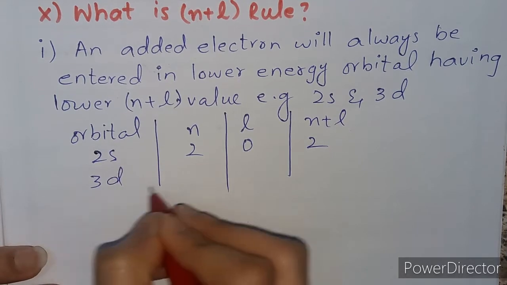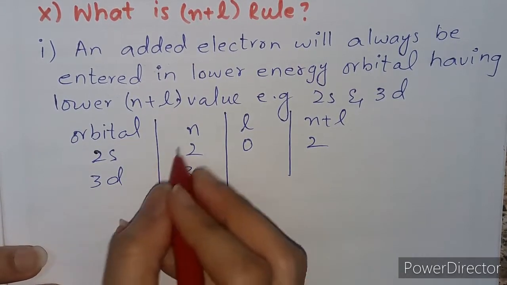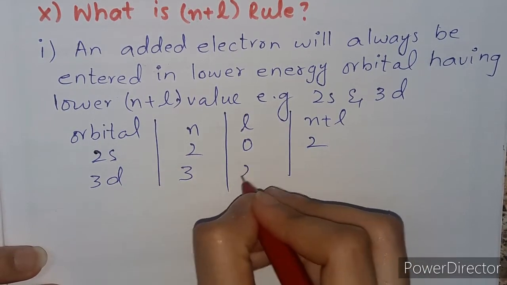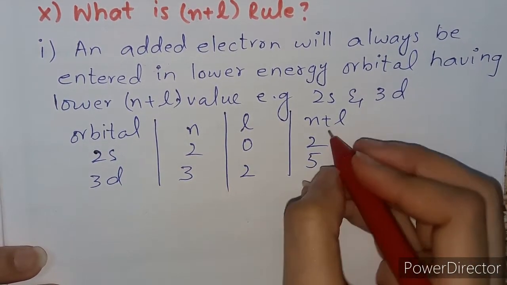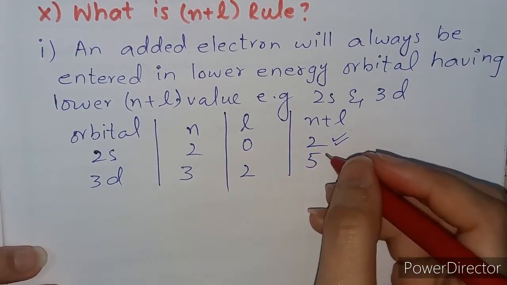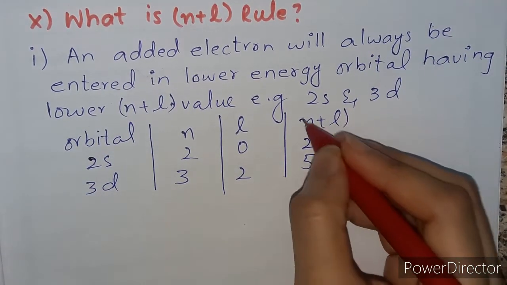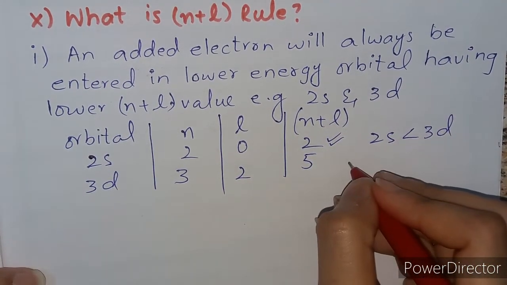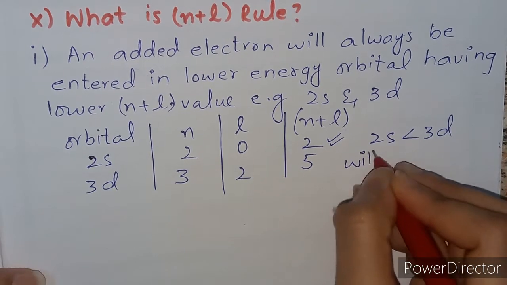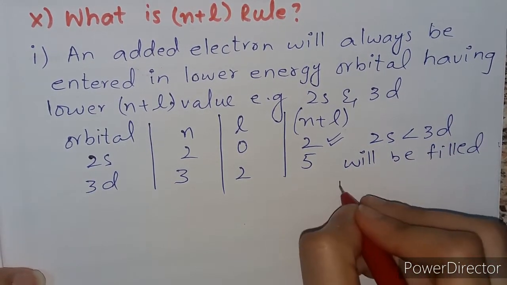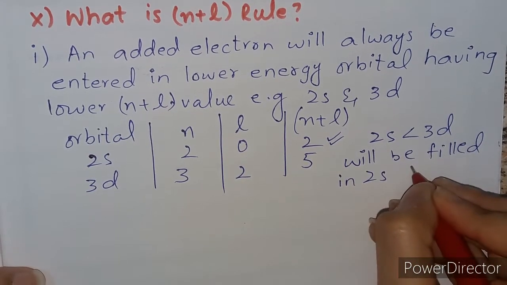Then 3d, the value of n would be 3 and the value of l would be 2. This is equal to 5, and the electron will fill in the lower value of n plus l. 2s is less than 3d, so the electron will be filled in 2s first.